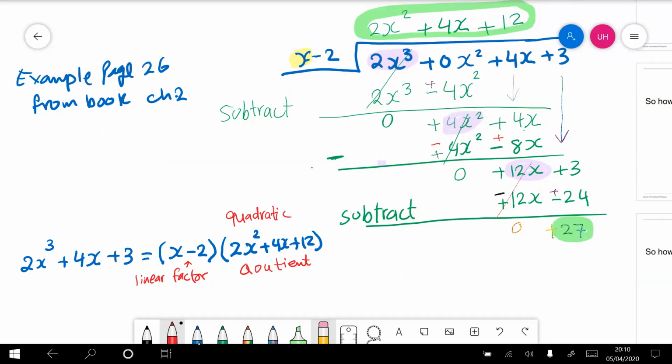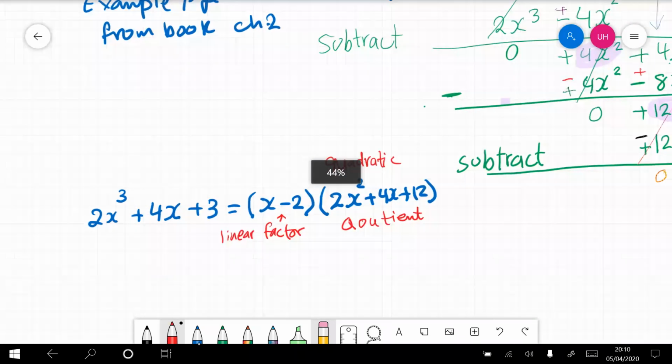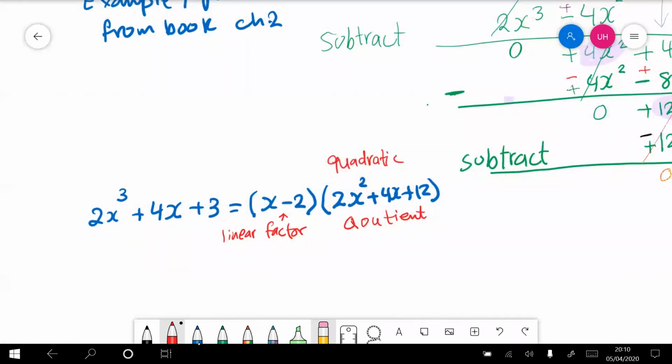Now what we can do, we can factorize this quadratic further, if we can. Well, actually, they just ask like this. If it's easy to factorize further, we can do this as 3 brackets.